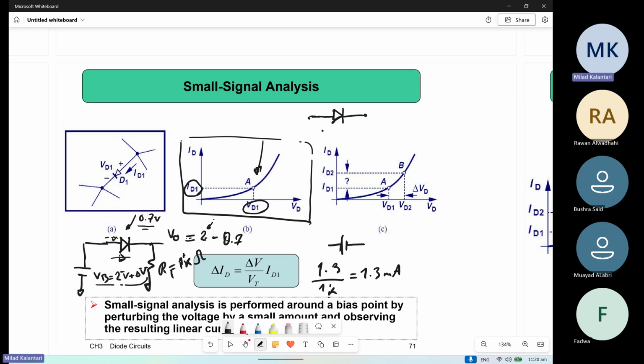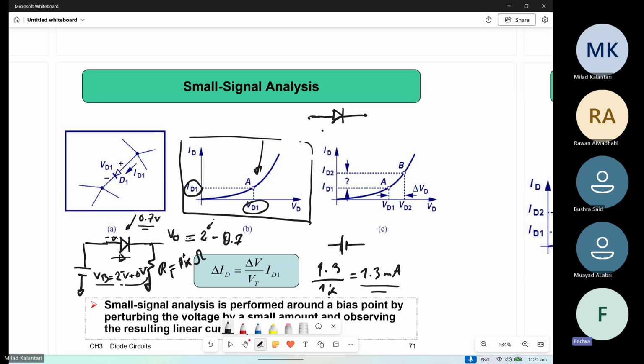So in order to find that small variation, you need a small signal model of the device. The small signal model says what will happen once a small variation in VD or ID happens. The VD or ID is set at a certain value at the beginning, which we calculated: the current is 1.3 milliamp and VD is next to VD on.